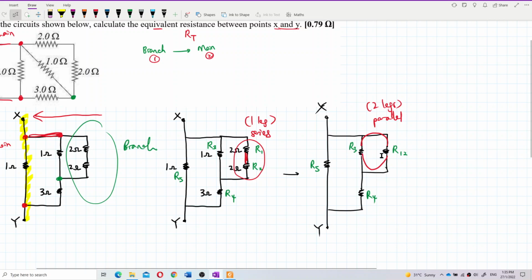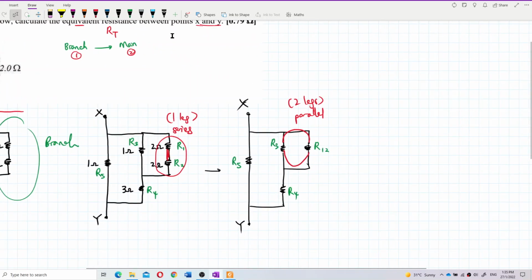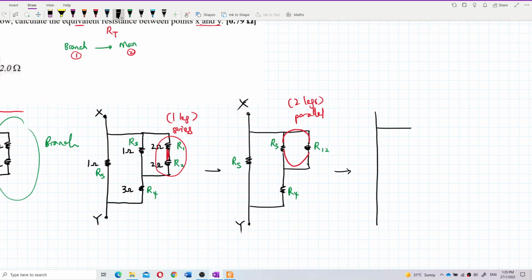Combine these two, and what do we get? Here is R5, and this one is combined already. This is R5, here is R123 after combining in parallel, and here is R4.